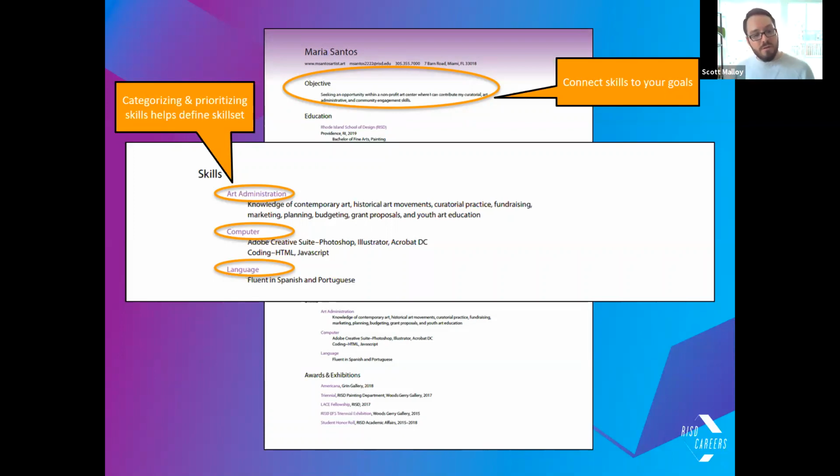But they also have these other categories as well, like a computer or software category where they're showing the Adobe Creative Suite, and they also happen to have some coding skills. So that could be valuable if the nonprofit needs to develop a website or has technology needs of some kind. So you still want to include software and computer skills 100%. It's actually really important. And then maybe a category like language. Again, if you're fluent in multiple languages beyond just English, that can be a great thing to have in a skills category and can help set you apart.